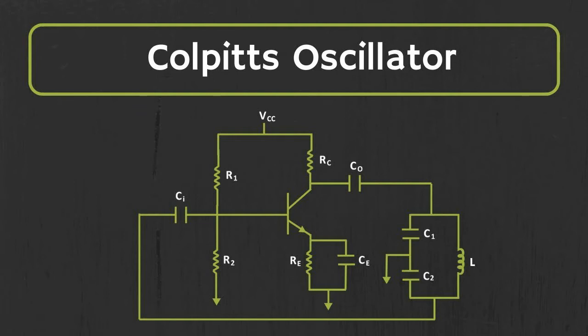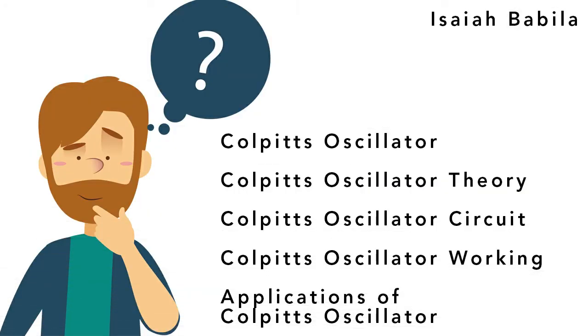Hence, it is termed the electrical dual of the Hartley oscillator and is designed for the generation of high frequency sinusoidal oscillations, with radio frequencies typically ranging from 10 kHz to 300 MHz.